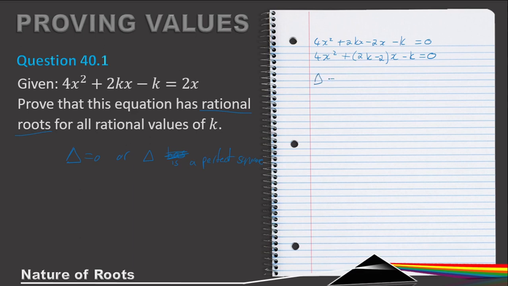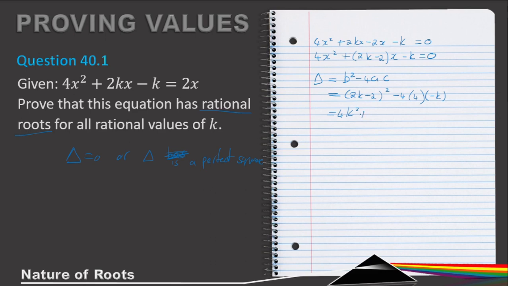If we have a discriminant equal to b squared minus 4ac, and we substitute in our specific a, b, and c values, b is (2k minus 2) squared minus 4, a is 4 and c is negative k. Then we just simplify. So 4k squared, multiply with each other, is 4, multiply with 2 is 8.